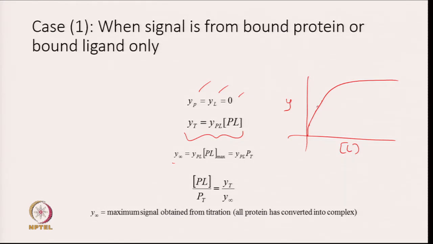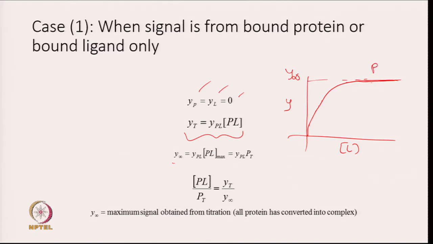What will happen is that it will go and become constant, because all of the protein has gone to complex, and after that you are just adding ligand, which does not contribute. So there will be a constant here, and this value is called Y infinity, and Y infinity will be YPL into PL max.